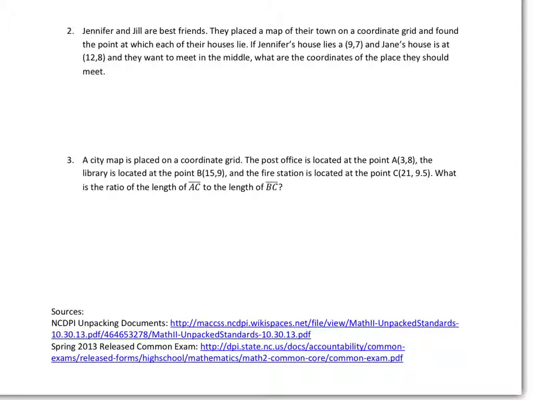Well, if they want to meet in the middle between 2 points, that means that we need to find the midpoint. So we just say 12 plus 9, so those are our x coordinates, over 2. And then we'll do our y coordinates, 8 plus 7 over 2.